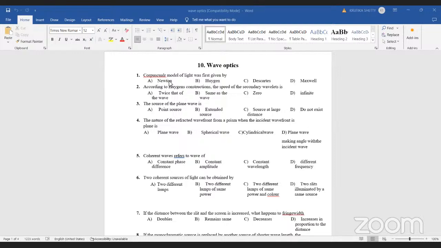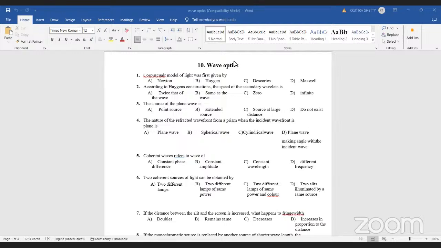According to Huygens constructions, the speed of the secondary wavelets is... So as you know that according to Huygens principle, what we say, every point on a wave front is itself the source of the spherical wavelets which spreads out in the forward direction at the speed of light ಅಂತ ಹೇಳ್ತೀವಿ. ಹೌದಾ?